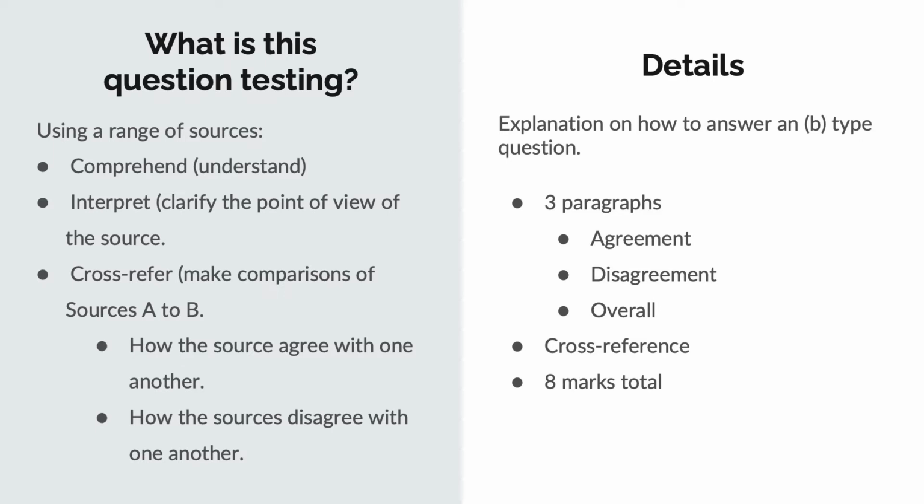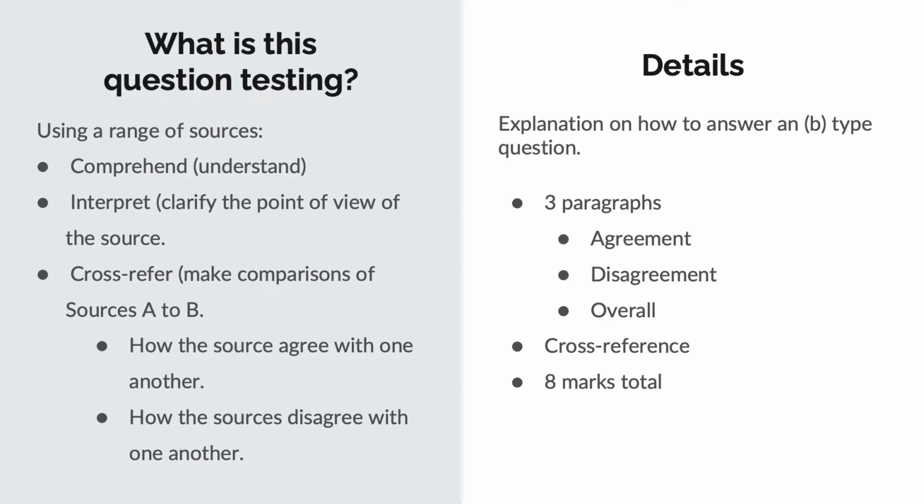Now, what is this question all about? Well, it's the basics, as we've talked about in other videos. First, you have to understand what the sources are saying, and you also have to interpret or clarify the point of view of the source. Now, cross-reference essentially means you have to talk about the sources as they relate to one another.